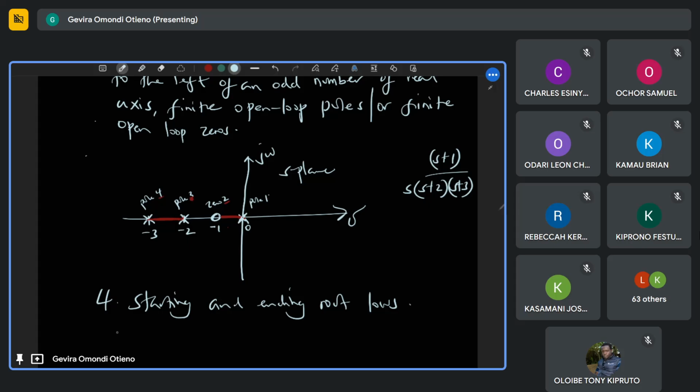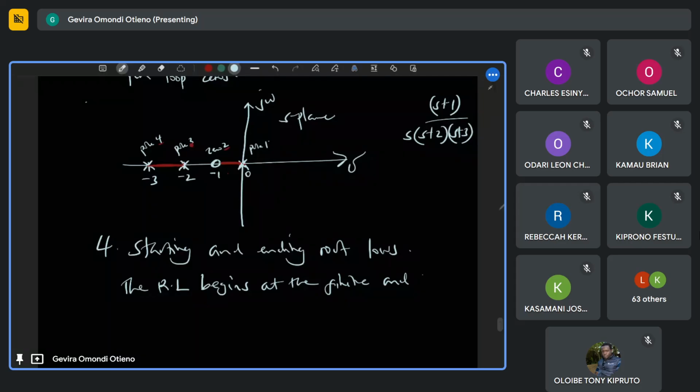The rule is that the root locus begins at the finite and even infinite poles of G(s)H(s).